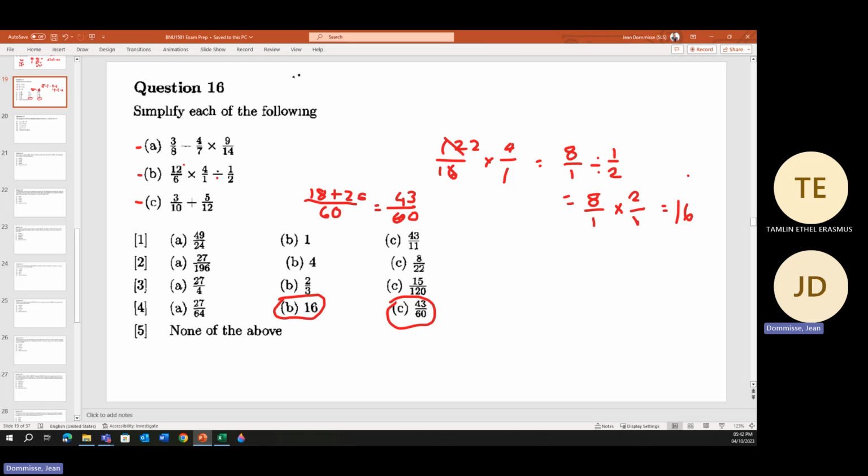The top one, let's first see. I'm hoping that is division, but let's work that one out first, and then we see if it was divide or minus. So 4/7 times 9/14.